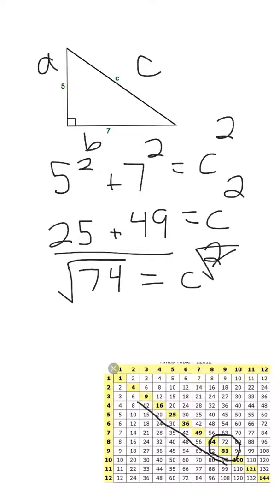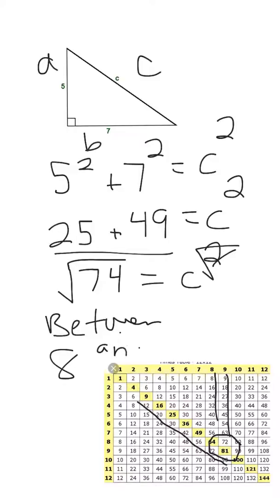The square root of 64 is 8, and the square root of 81 is 9. So I know that the square root of 74 is between 8 and 9. So c is between 8 and 9.